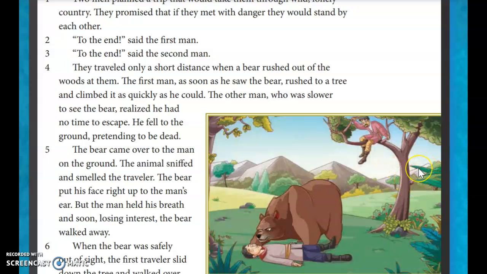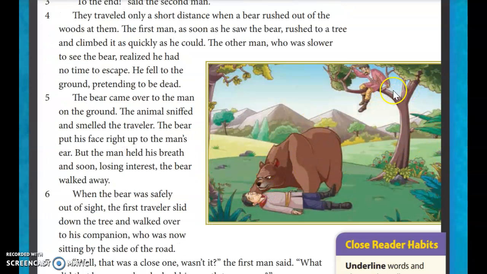Well, I think that character 2 right here, the second man, learned a lot about character number 1. Unfortunately, he did it in a not so great way, meaning he learned that his friend up here maybe really isn't truly his friend. They made a promise, and character number 1, who climbed up the tree to save himself, did not follow through with his promise to make sure that they were both safe.